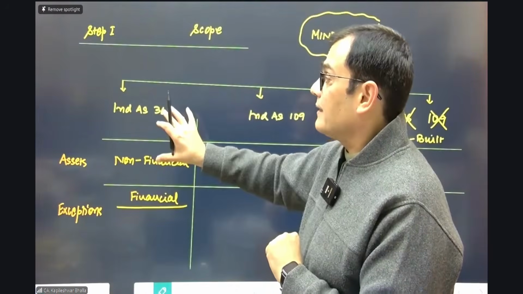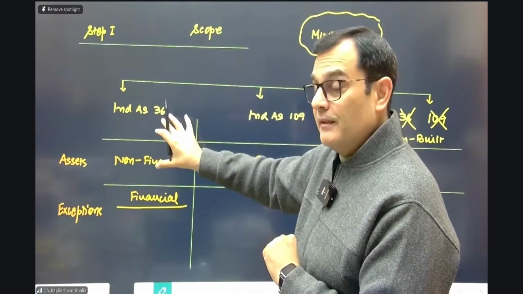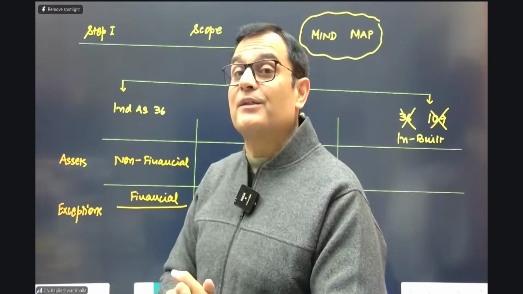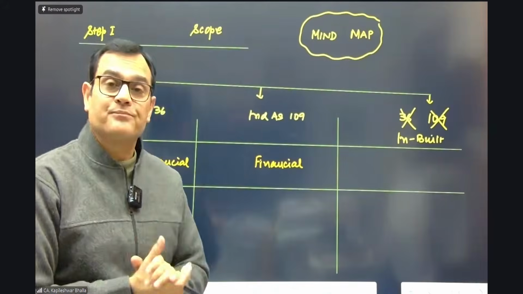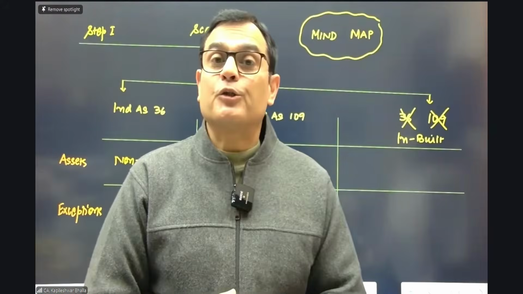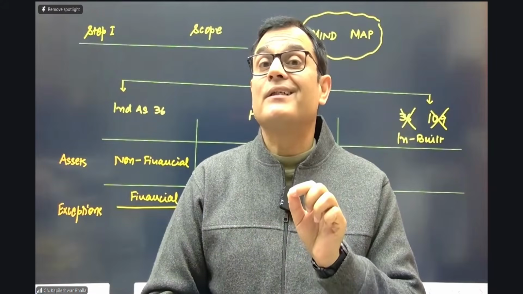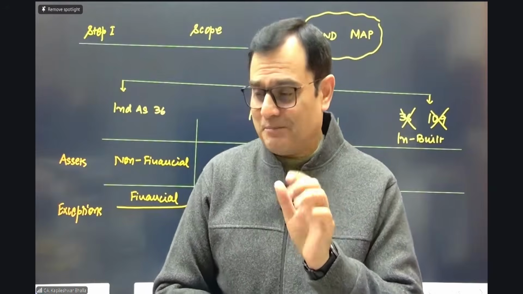I am looking at non-financial assets covered under 36. But I'm saying, is there a financial asset which is covered under 36? Because financial assets are covered under 109. So we're looking at those financial assets which are covered under 36. They're financial assets but covered under 36.